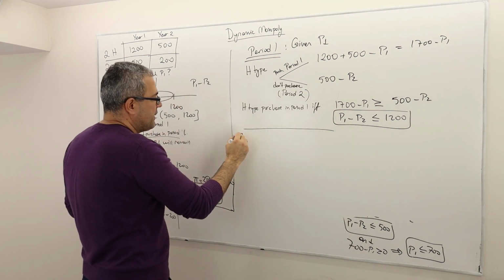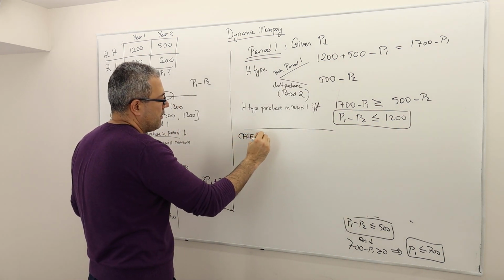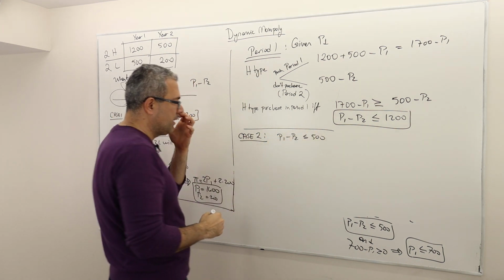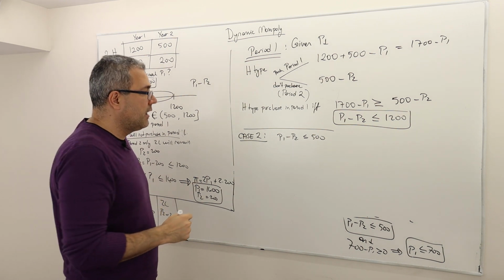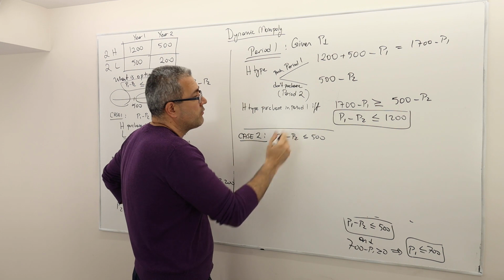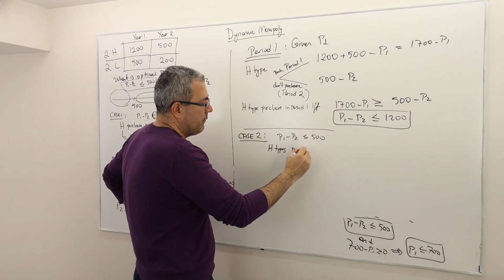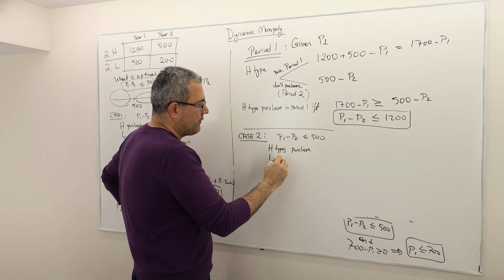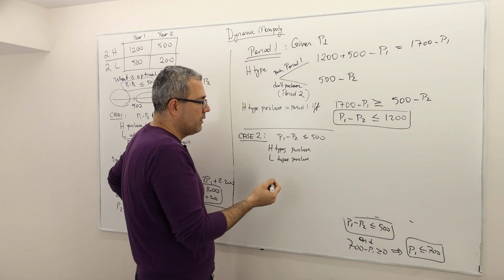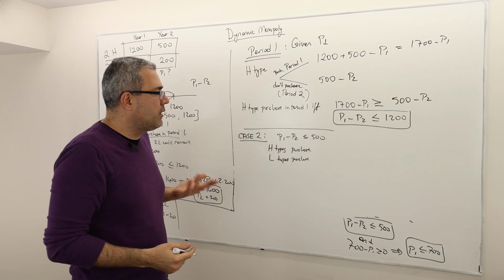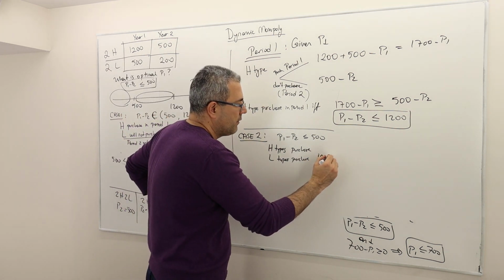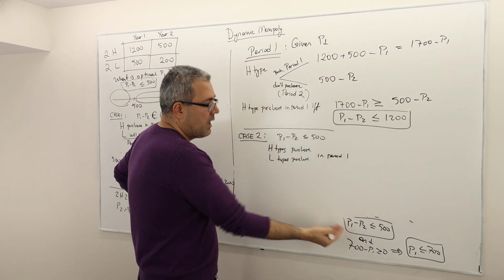So this is the case 2. P1 minus P2 less than or equal to 500. So what happens in this case is, according to my calculations, high types, right, purchase, both of them, and then L types also purchase. Agree? So then what does that mean? That means in period 1, right? Well, what does that mean?